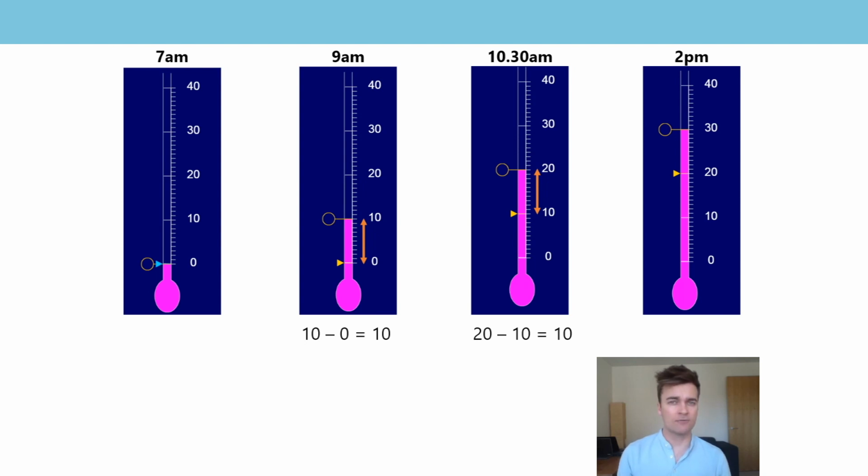And the subtraction to represent the difference. On 3, say it aloud with me. 1, 2, 3. 30 subtract 20 is equal to 10. The difference is 10 degrees Celsius. The difference in temperature between those times has stayed the same. The same difference, 10 degrees Celsius.